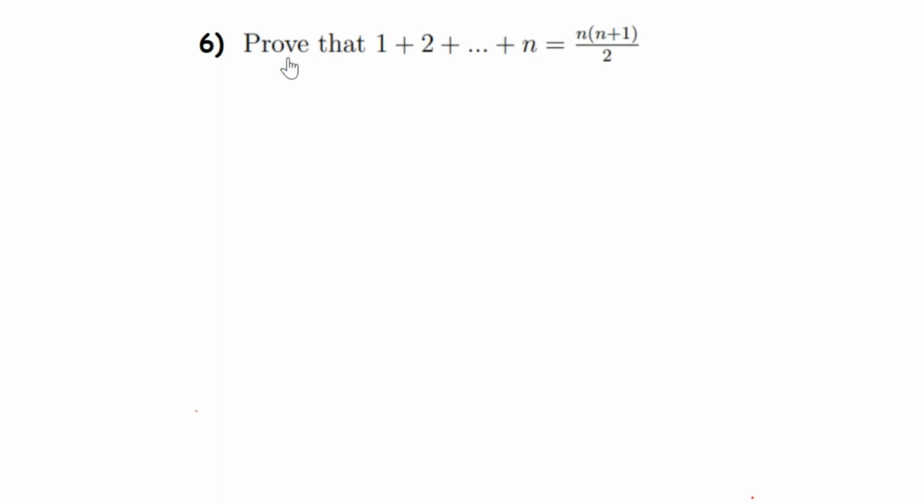Okay, so for us to be able to prove that this formula is true for all n values, we are going to consider n to be equal to k. I'm going to substitute k in place of n in this formula and this series. So the series will become 1 plus 2 plus all the way to a certain value k.